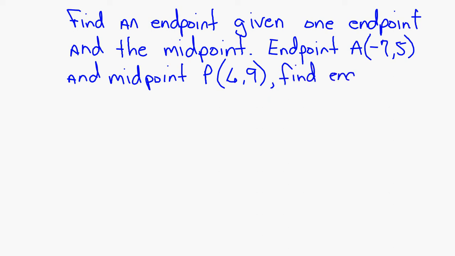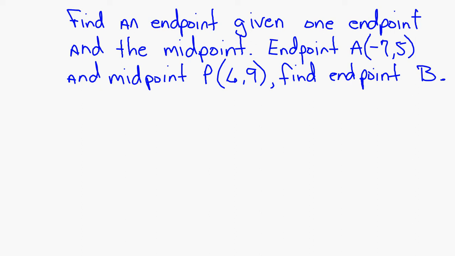Find endpoint B. It doesn't matter where the endpoint is, right? On the left or right side. You're given an end and you're given the middle and you're asked to find the other end. Right? So I'm going to show you how to do it using the midpoint formula, and then I'm going to show you a real fast way just using common sense.